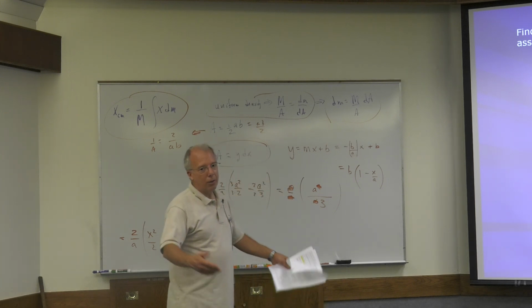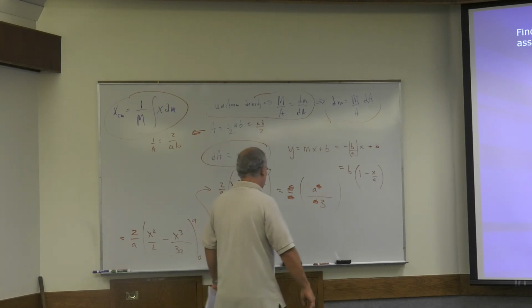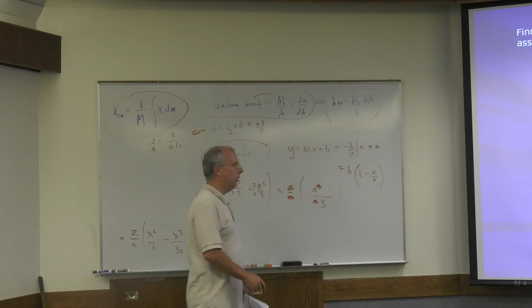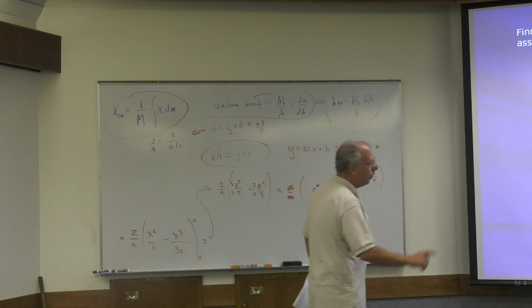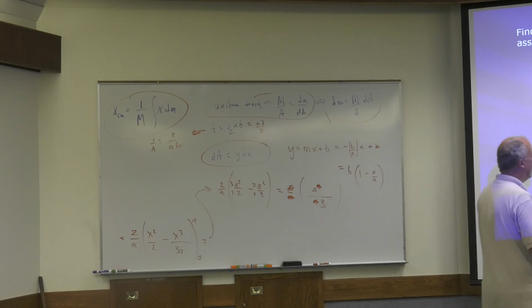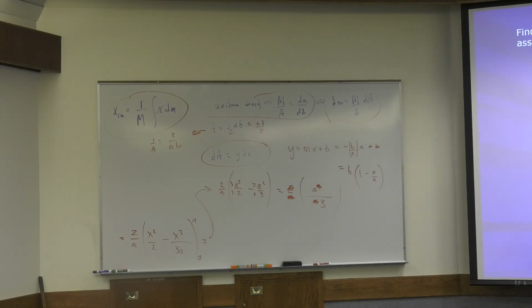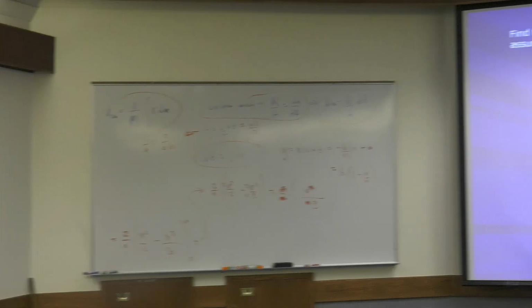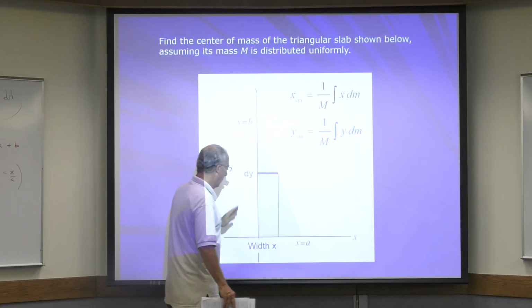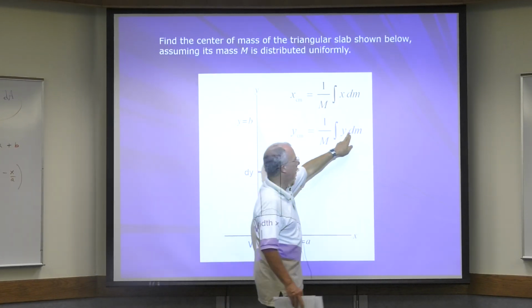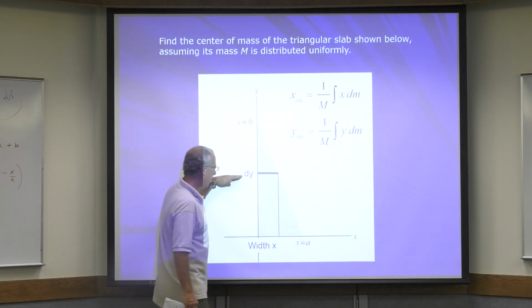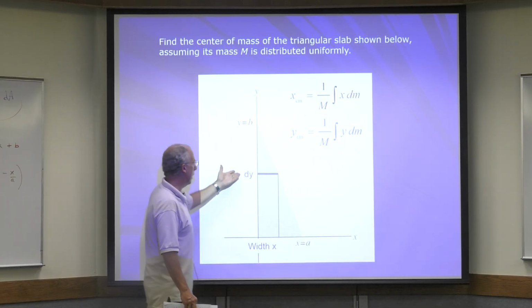Now, you only got to learn this by doing, right? So I don't want you to do it now, but on your own, make sure you calculate this. I did this, you do that. And again, you want a dy over here, right? So you're going to make your slice like this. That's what you're going to use.